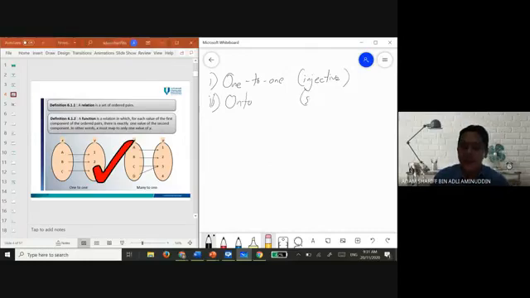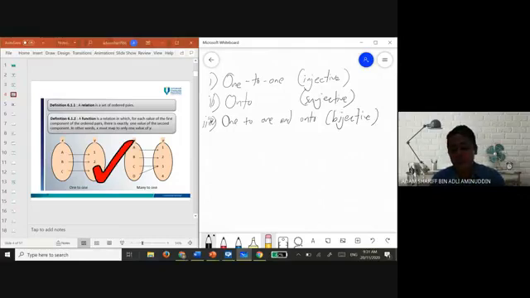Onto also known as surjective. And last one is 1 to 1, nombor 3, 1 to 1 and onto. We call this as a bijective function. Okay, kita akan go through one by one, especially onto.